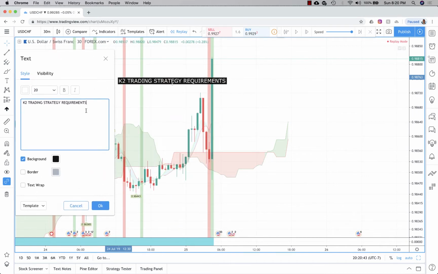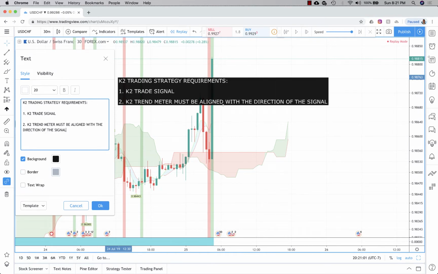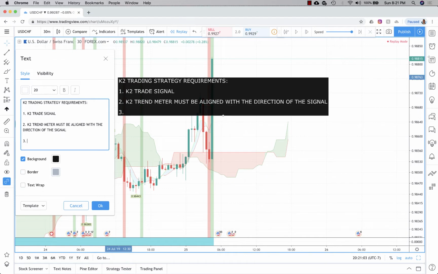So in order for it to be a valid trade opportunity, first there must be a K2 trade signal. Second, the K2 trend meter must be aligned with the direction of the signal. Next, we would enter on the open of the next candle.